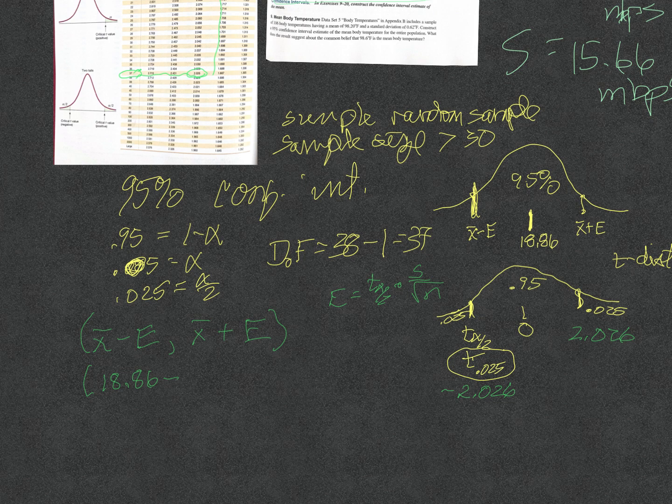And therefore, that's minus 2.026 times the standard deviation 15.66 divided by the square root of 38, the sample size, comma, 18.86 plus 2.026 times 15.66 over the square root of 38. Okay, I'm going to figure both of those out using the calculator.